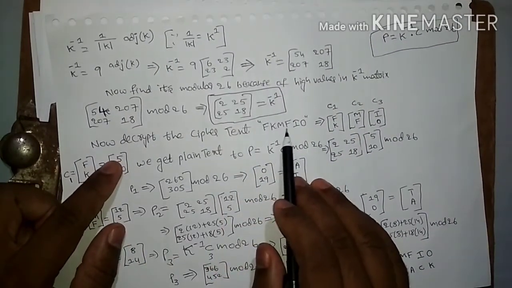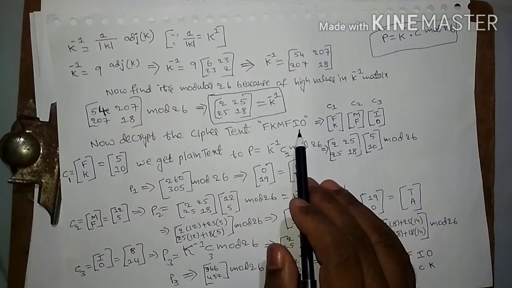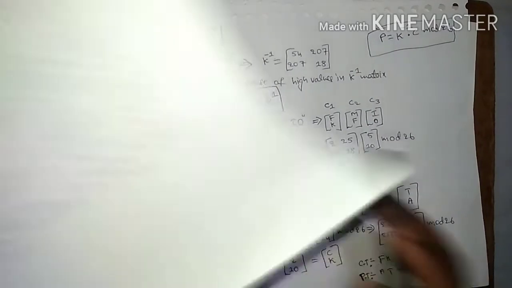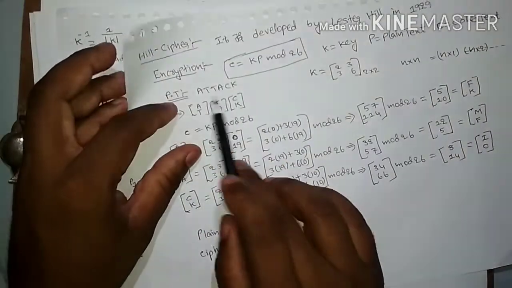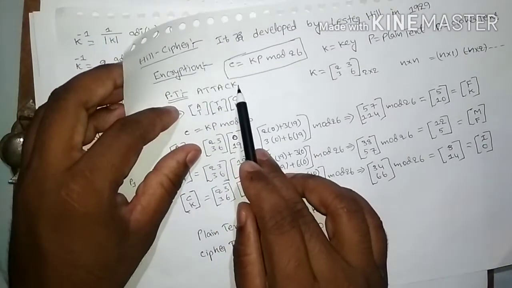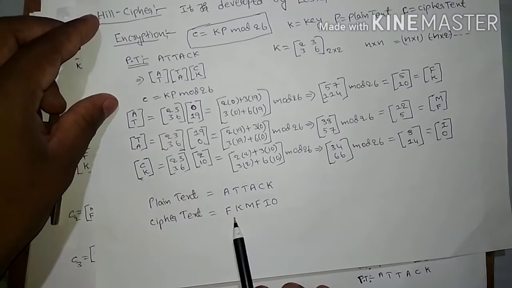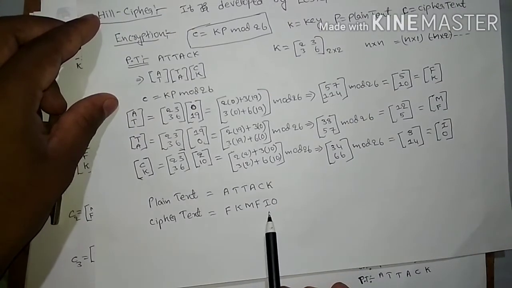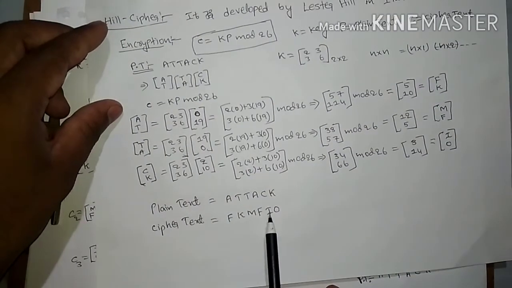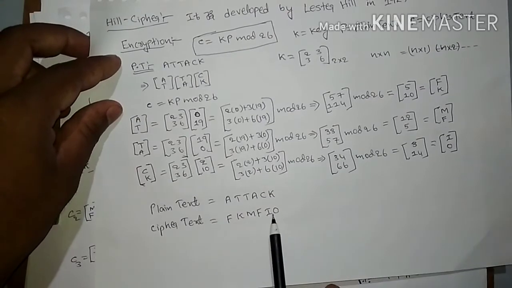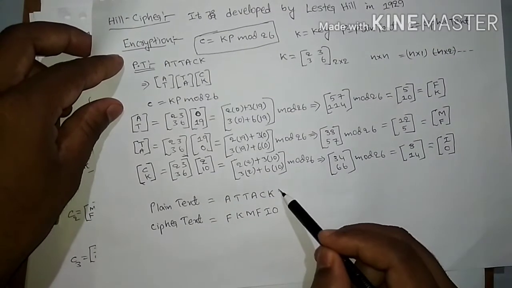FKMFIO. In the encryption we took the plain text as attack, and then we got the ciphertext as FKMFIO. Now in decryption we are taking this ciphertext to generate the plain text.